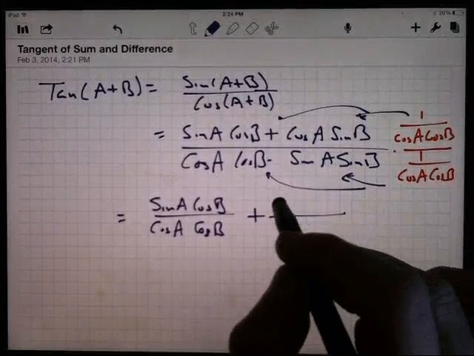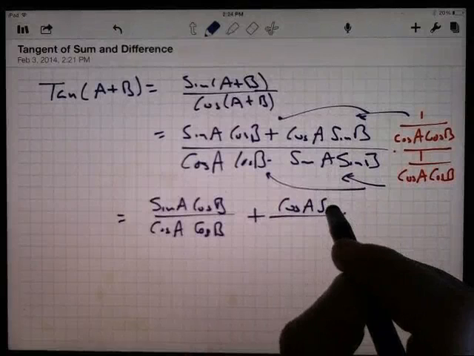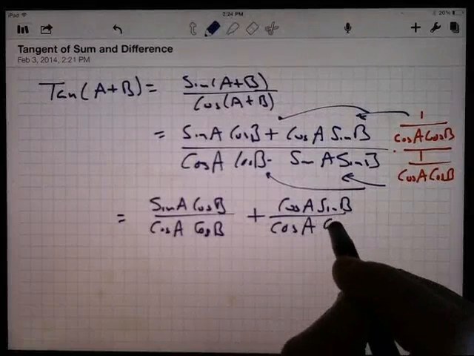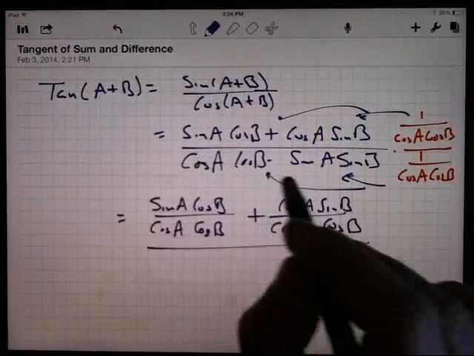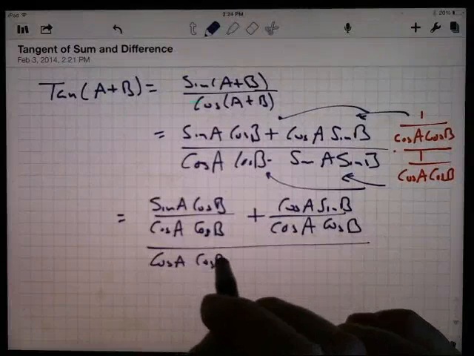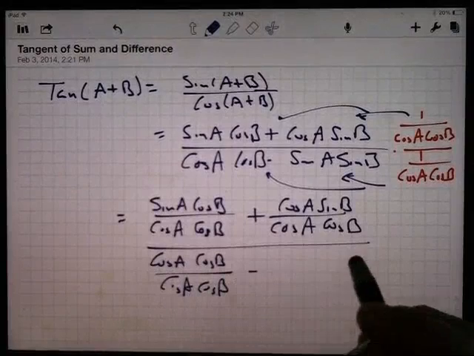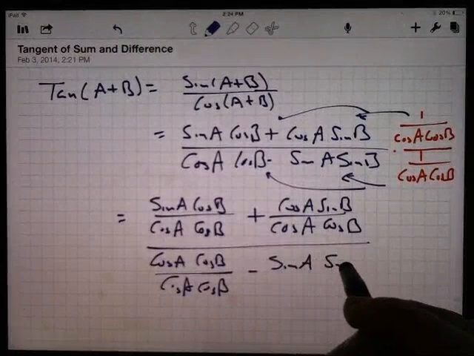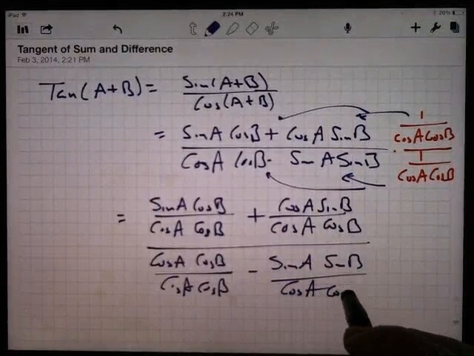So now I've got a cosine A cosine B here. No, I don't, it's a sine B. And I've got that denominator of cosine A cosine B. And down below I've got cosine A cosine B divided by cosine A cosine B, and then minus sine A sine B divided by cosine A cosine B.